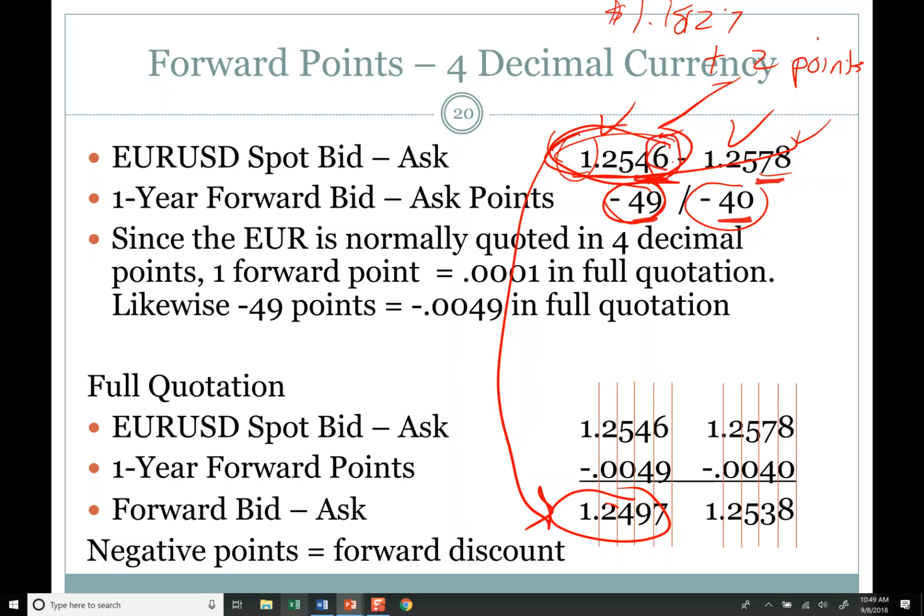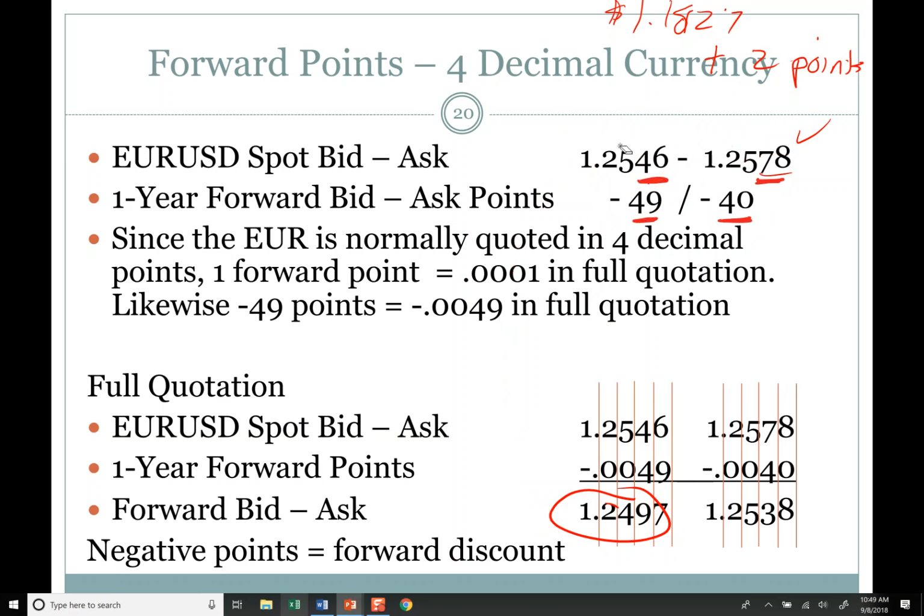1 point would be changing this number by 1, right? So when they say 49 points, what you basically have to do is right justify this to the quote. So 49 points must be, and here's that translating down here, what you're actually subtracting is a negative number here, negative 0.0049.